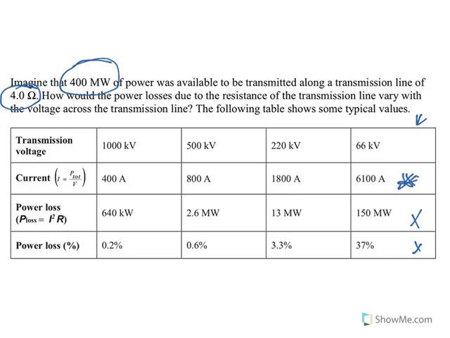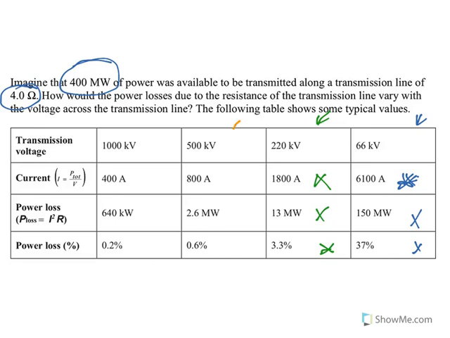So if you instead change that voltage and did it at 220,000 volts, your current's dropped quite a bit. Your power losses dropped a bit, but you're still losing 3.3% of your power in the wires.